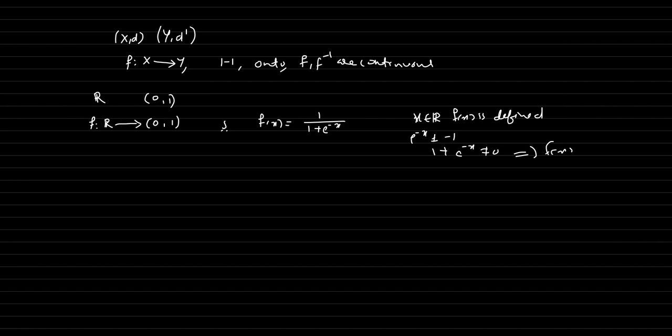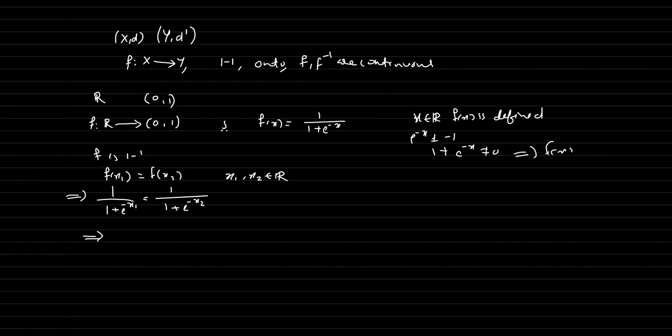Now consider this function. f is one-one because if f of x1 equals f of x2 for some x1 and x2 in R, then 1 by 1 plus e raised to minus x1 is equal to 1 by 1 plus e raised to minus x2.